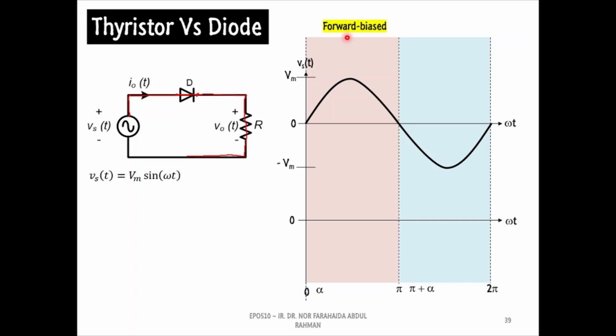Therefore, current can circulate in the circuit through the diode. Since the load is a resistor, the wave shape of the output current waveform follows the supply voltage waveform, but with small amplitude. Hence, we can sketch the output current waveform like this.